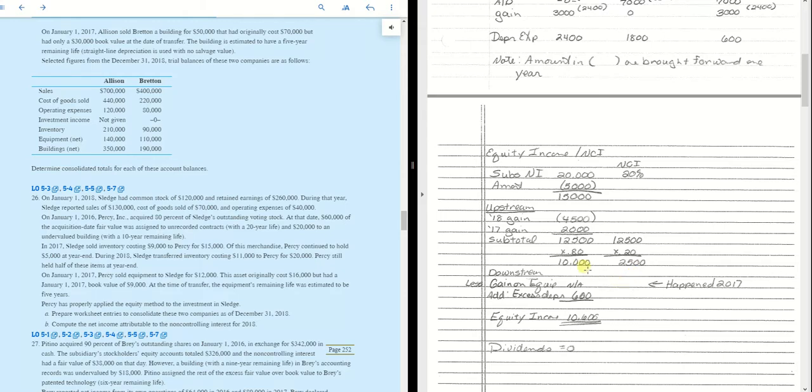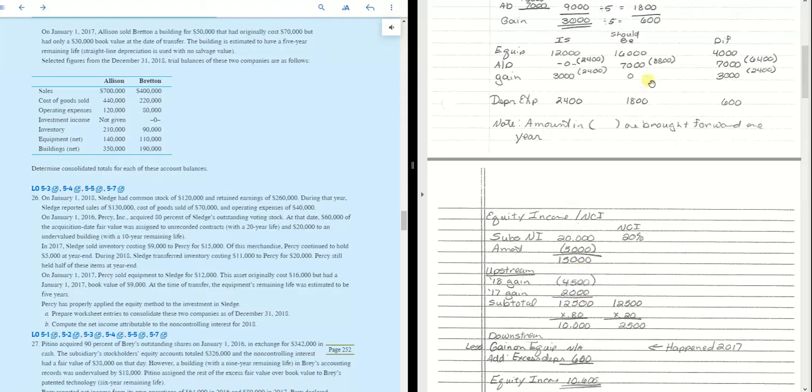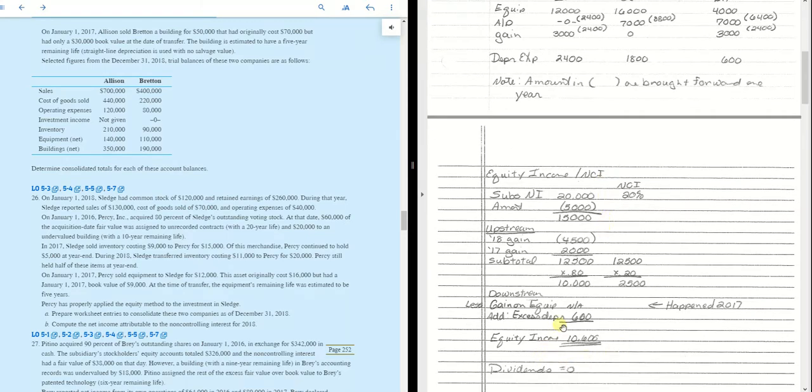Okay, then I take my downstream. Notice that I don't subtract my gain on the equipment because I'm in 2018 for this equity income computation, and this happened in 2017. But I do have my excess depreciation still, so I need to add it back. So remember, they subtracted 2,400. They should have subtracted 1,800, so I have to add it back.